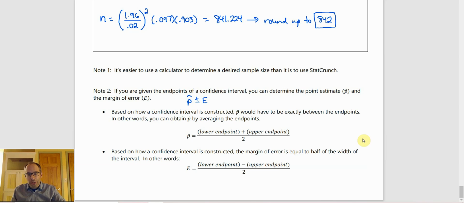So if all you had was, I don't know, 0.164 to 0.248, let's say, then you could figure the midpoint out, right? You just add those together, you divide by 2, and that would give you the sample proportion back out.